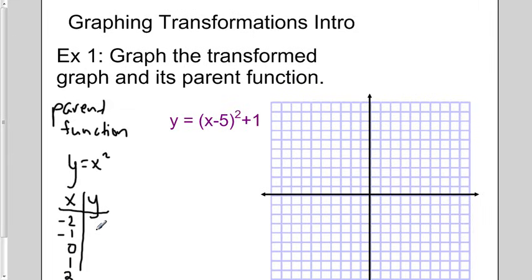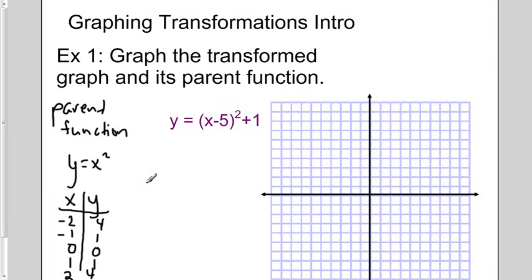And then we'll plug these values in for x and we'll get our y. So -2 squared is positive 4. -1 squared is positive 1. 0 squared is 0. 1 squared is 1. And 2 squared is 4.